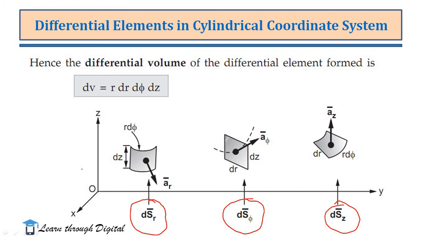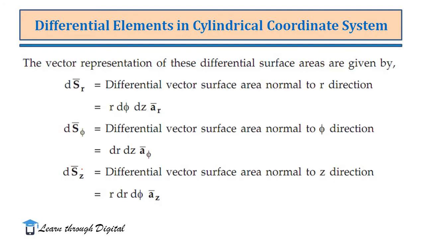The third differential surface is normal to z direction, that is ds z vector equals dr r d phi az vector. So, the vector representation of these differential surface areas are listed here: differential surface normal to r direction, normal to phi direction, and normal to z direction.